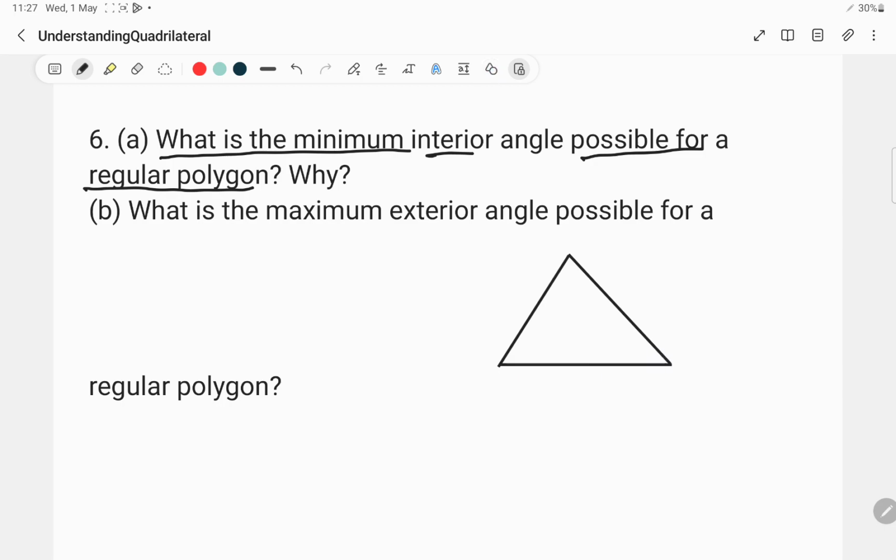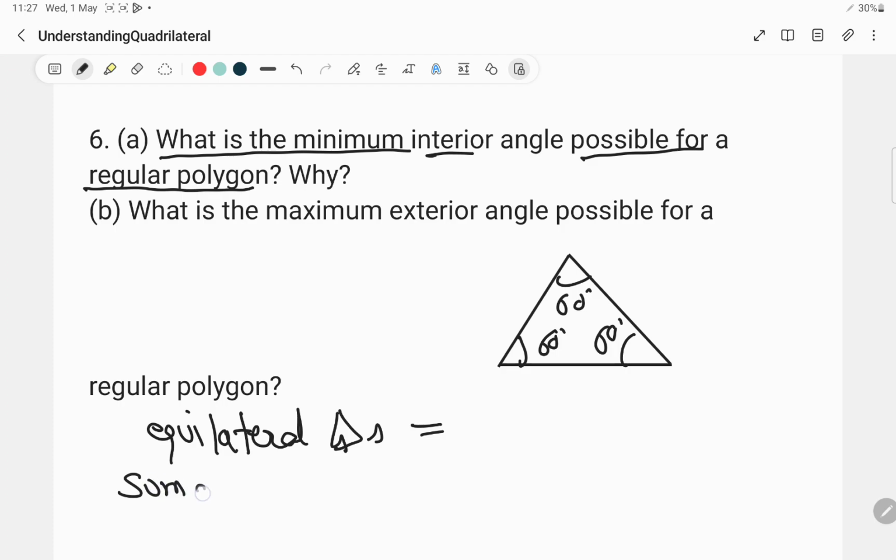So if I take an equilateral triangle, in an equilateral triangle we all know that all the angles will be equal to 60 degrees. This is 60 degrees now, and we all know that the sum of interior angles of a triangle is equal to 180 degrees.